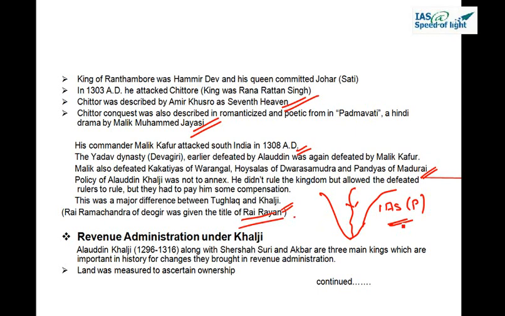Now another important feature of Alauddin Khalji, or one more credit given to Alauddin Khalji, is for the market regulation that he brought in. Alauddin Khalji, along with two other rulers, Sher Shah Suri and Akbar, are the main three kings who are important in history for the changes they brought in the revenue administration of the state.